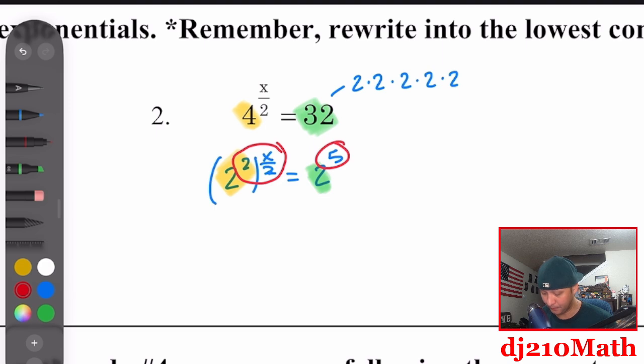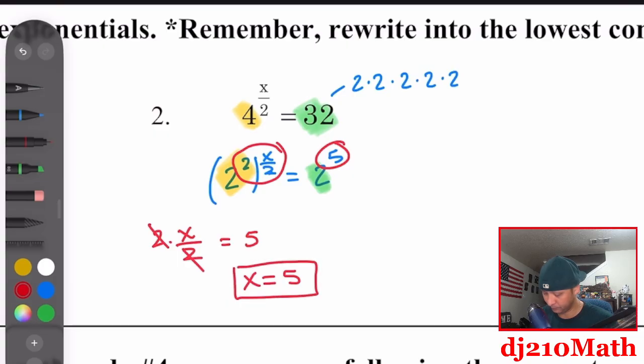So this is going to be 2 times x over 2 is equal to 5. The 2's cancel, so x is just equal to 5.